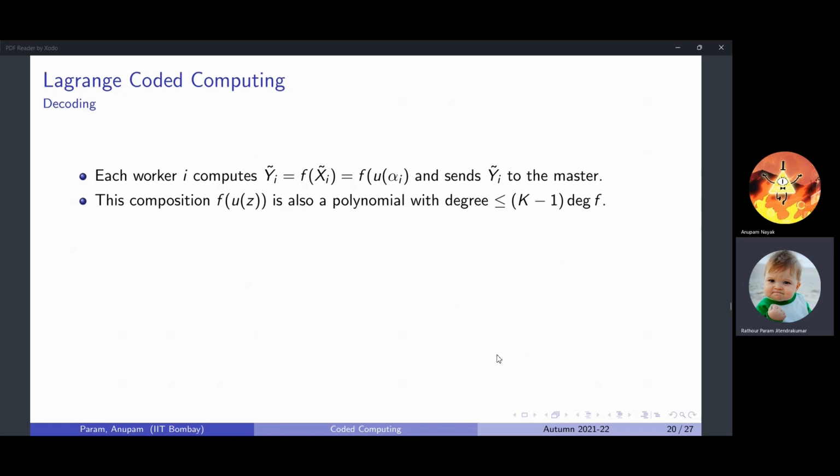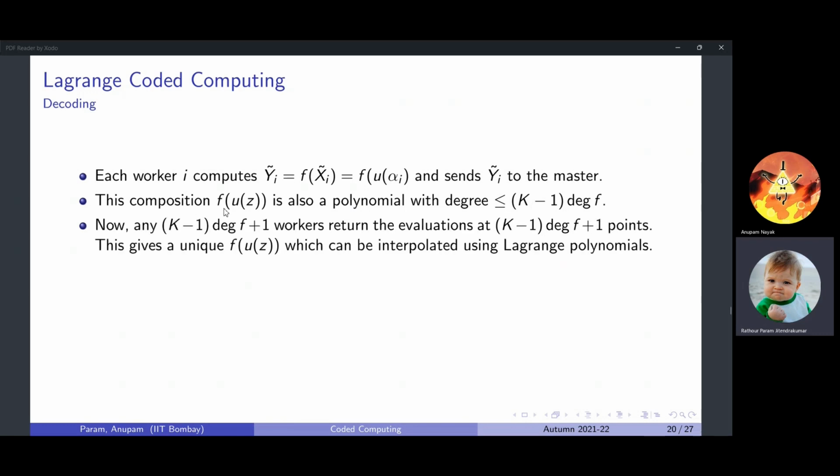Now suppose we have this composition, f of u of z. It will also be a polynomial, and its degree will be at most (k minus 1) times the degree of f, which is the degree of u of z multiplied by the degree of f. So if any (k minus 1) times degree of f plus 1 workers return the evaluation, then we can construct this polynomial back.